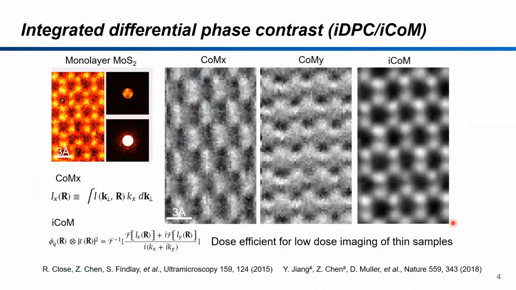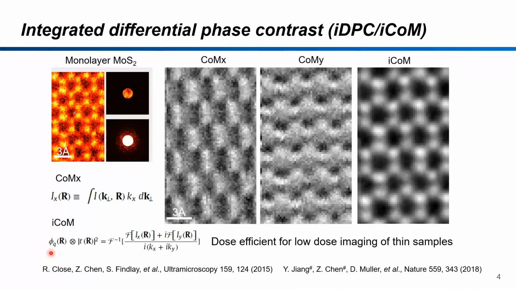reconstruction method using this atomic resolution 4D STEM is the integrated differential phase contrast, or iDPC, or integrated center of mass analysis, or iCOM. So this is a very simple image mode, and you can reconstruct the phase of the transmission function from the two components of center of mass or DPC images using this simple integration method.